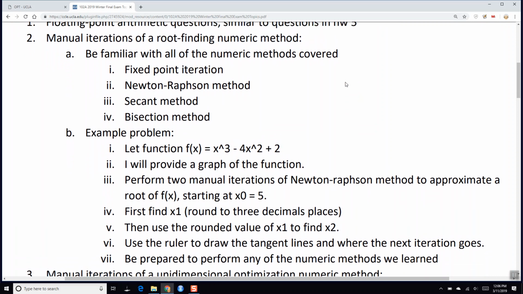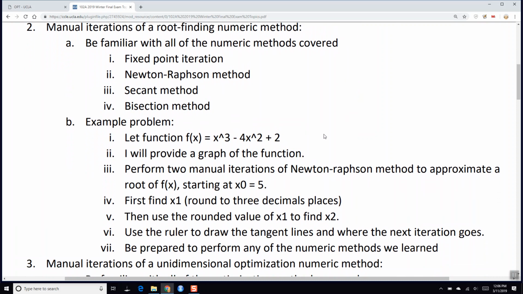You'll have a question that covers a numeric root finding method, okay? And it could be any one of these things: fixed point, Newton-Raphson, secant method, or bisection method, okay? Here's just an example problem.